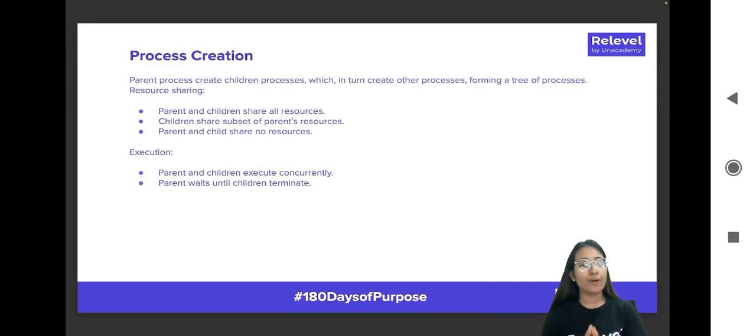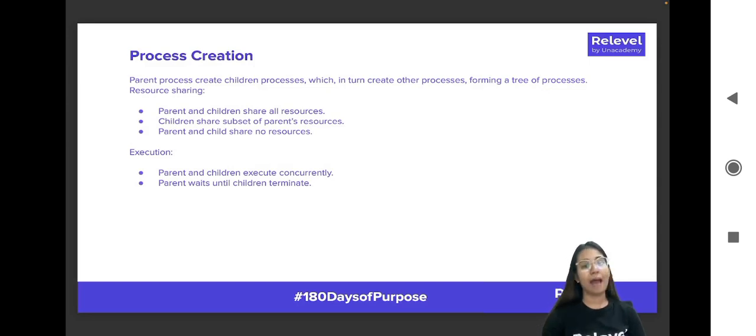And the third possibility is that the parent and child share no resources at all. So how does it happen? It basically happens based on the system's implementation. A child process may receive no resources, some resources, or all the resources of its parent, based on the system implementation.